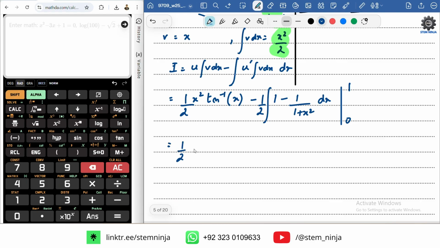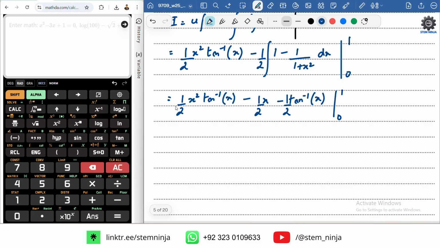This remains as it is: half x squared tan inverse of x, minus half of this, which becomes x, minus this becomes tan inverse of x, so we can write it as 1 over 2 x, and this is 1 over 2 tan inverse of x, from 0 to 1.